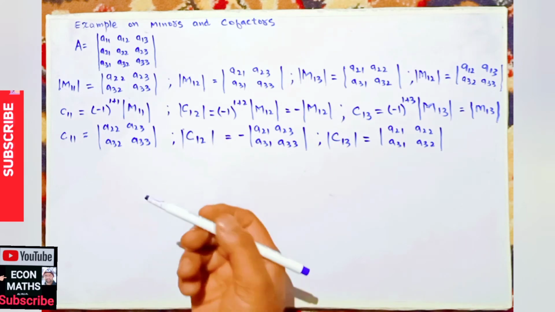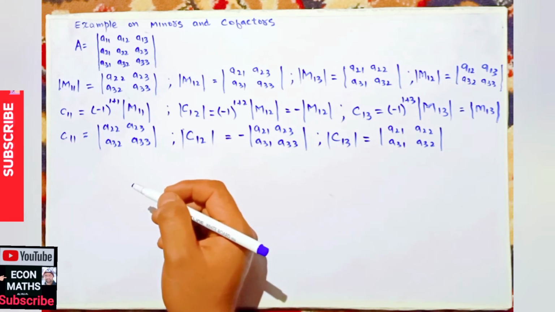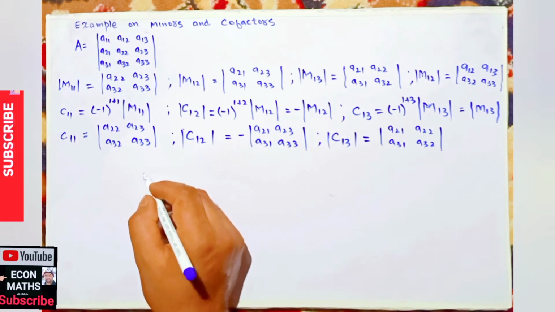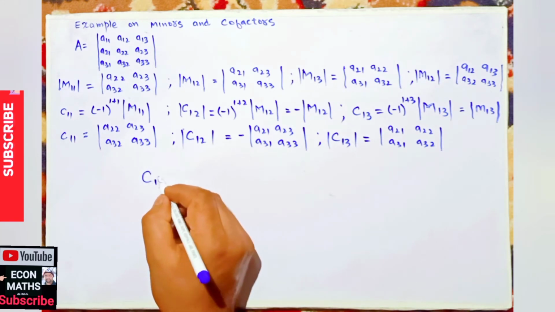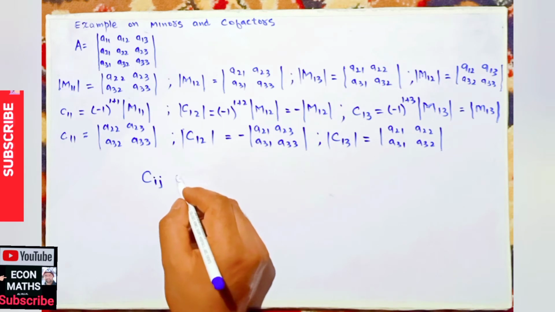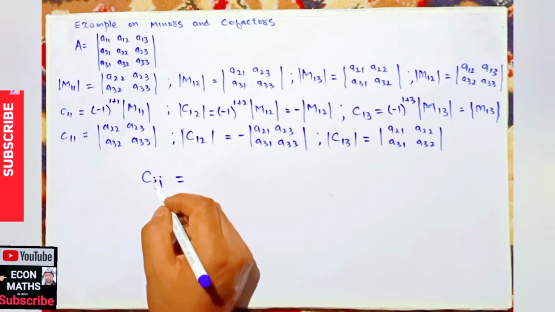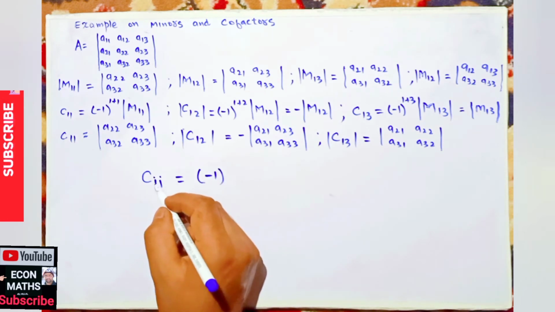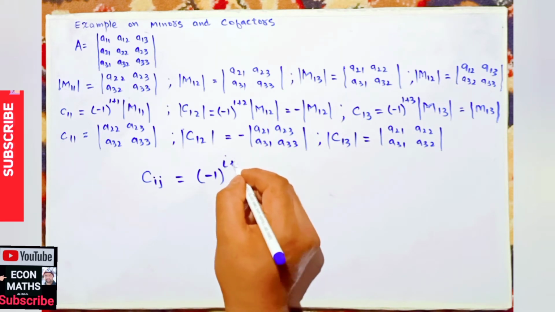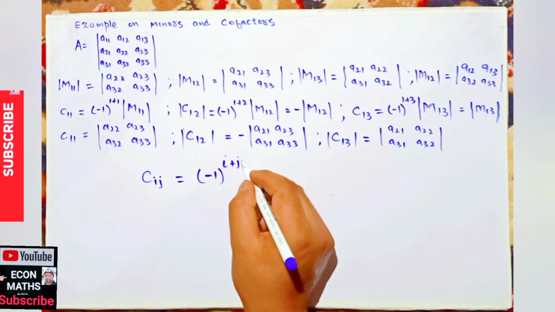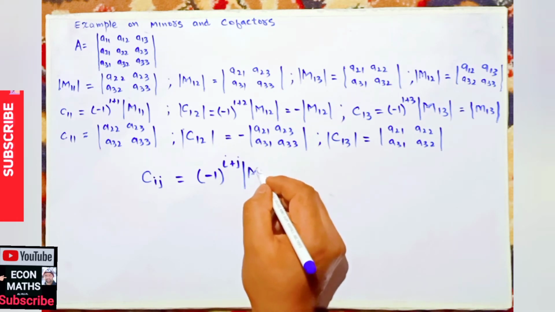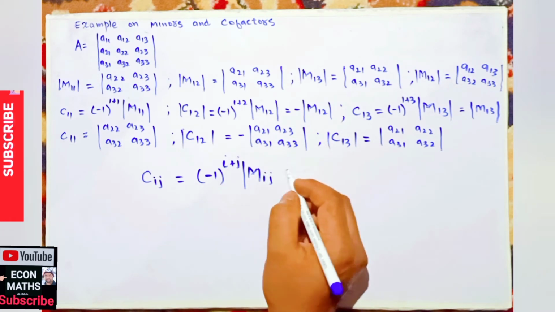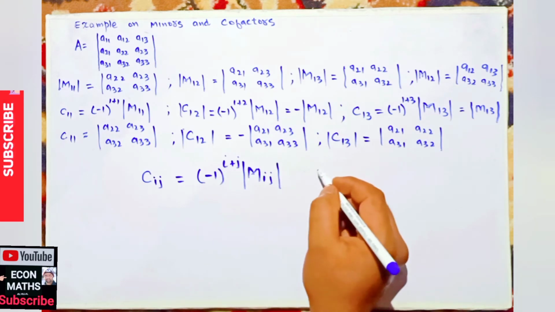So the general formula is: if we are given Cij, meaning the cofactor at the ith row and jth column, it is equal to -1 raised to the power of the addition of the subscripts, that is i plus j, multiplied by the corresponding minor Mij.